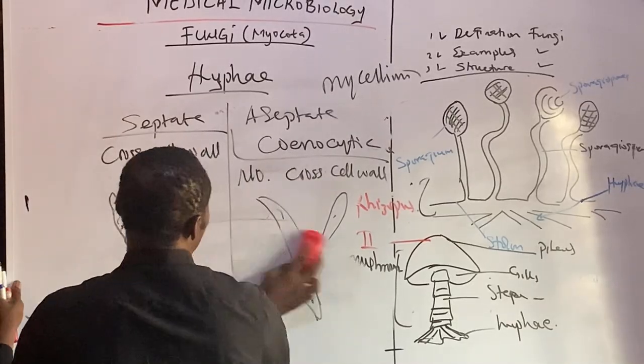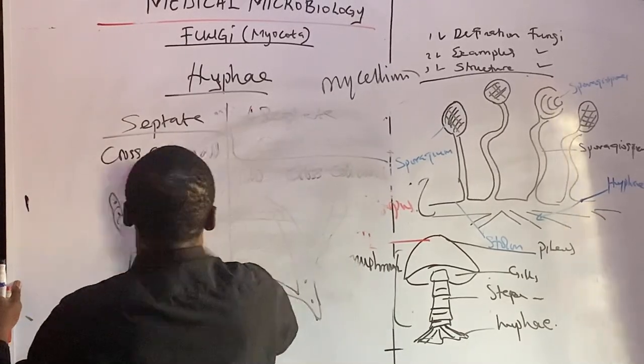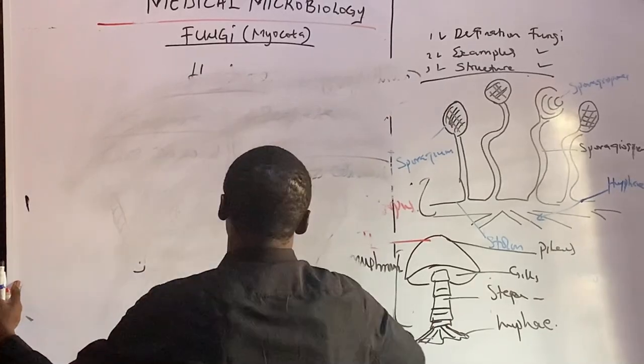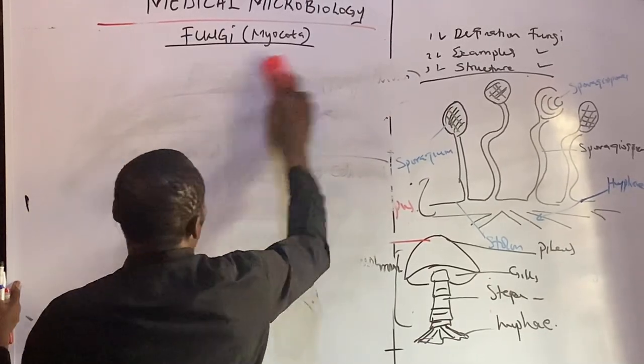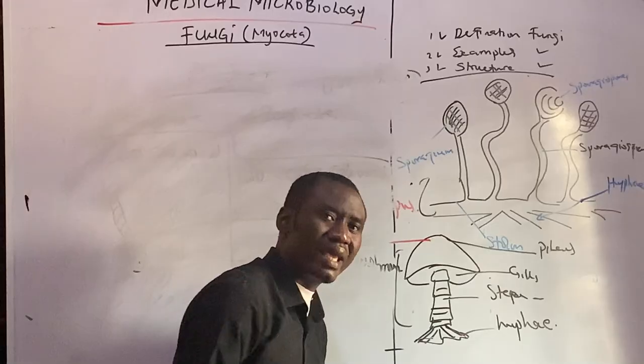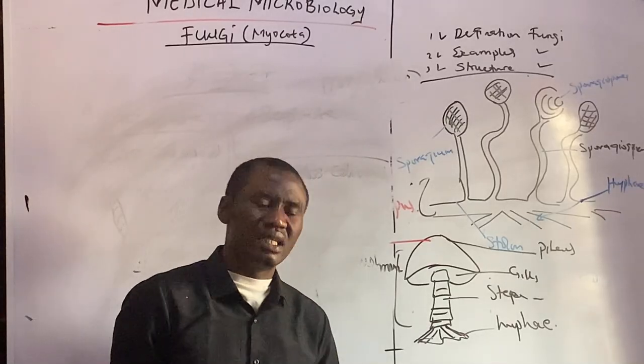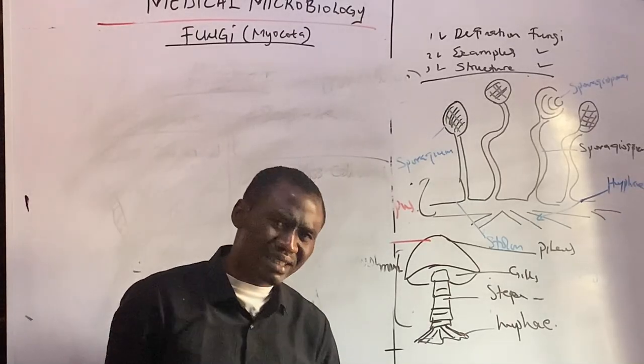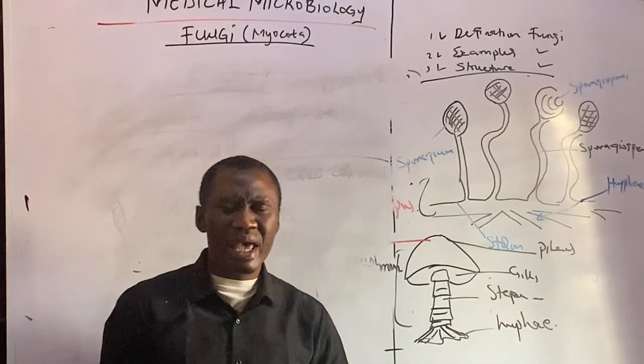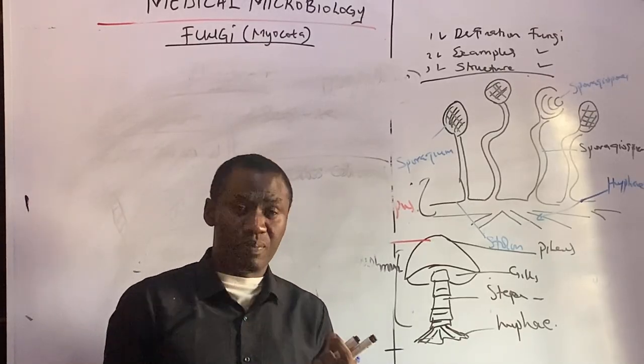The next thing is their cell walls. The cell walls of fungi, I tell you again, is made up of chitins and is also made up of polysaccharide.